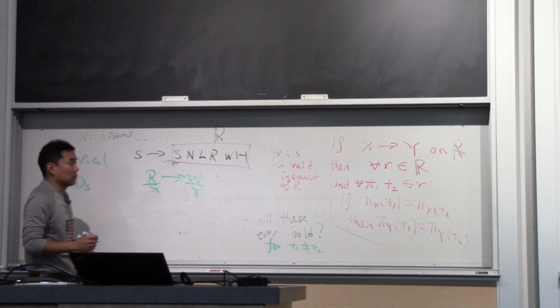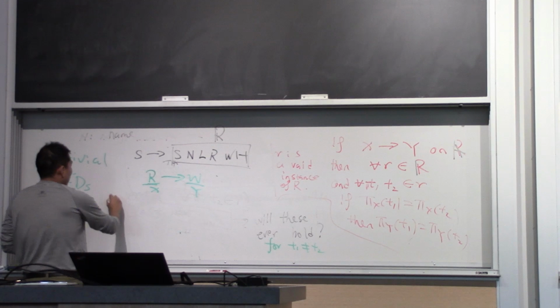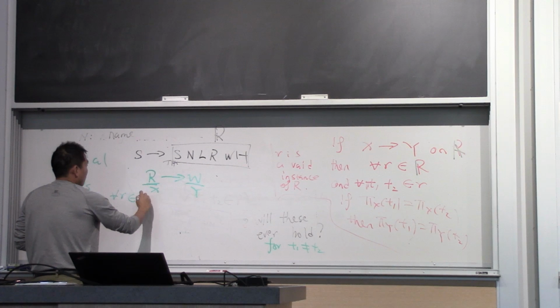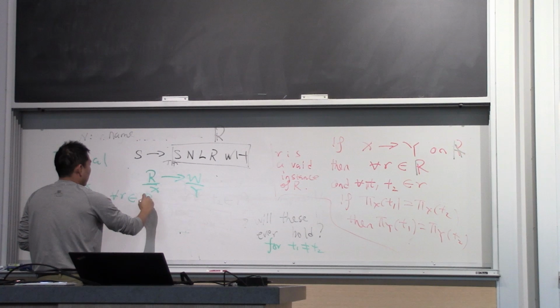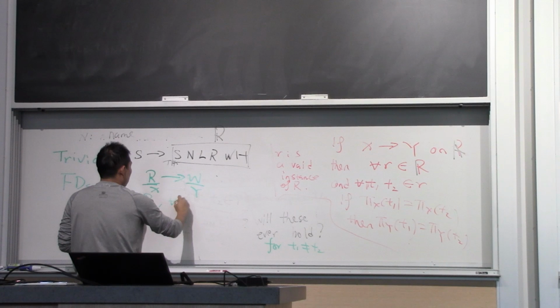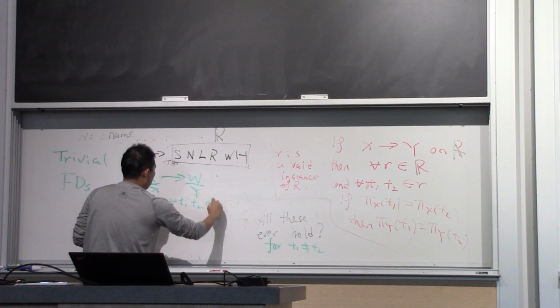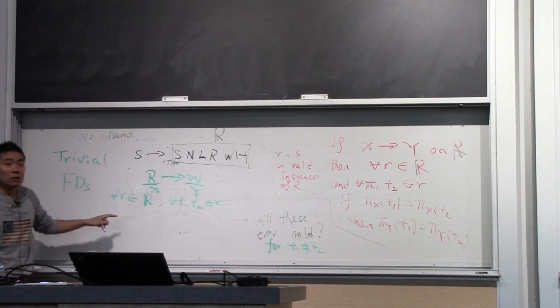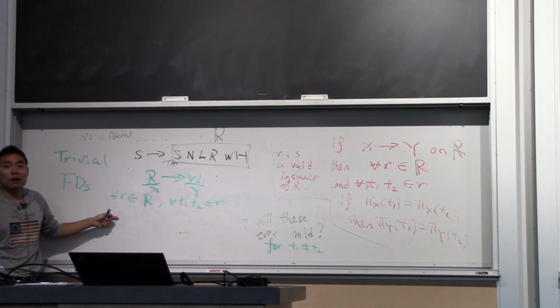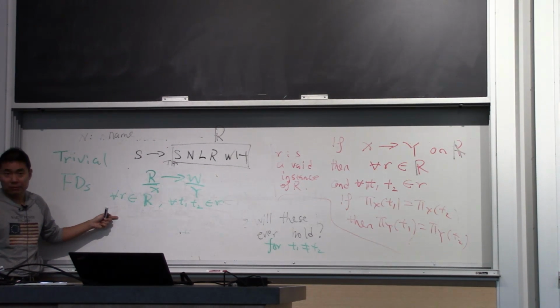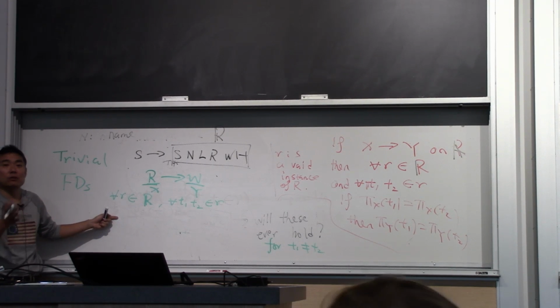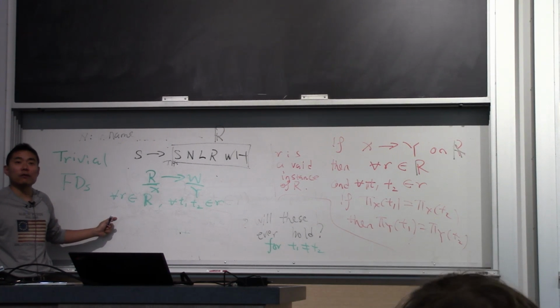What does this mean? For any instance small r from this schema calligraphy R, and any two records T1, T2 from small instance r. Meaning that for any set of hourly employees you have, this must be true throughout the course of your corporation, right?